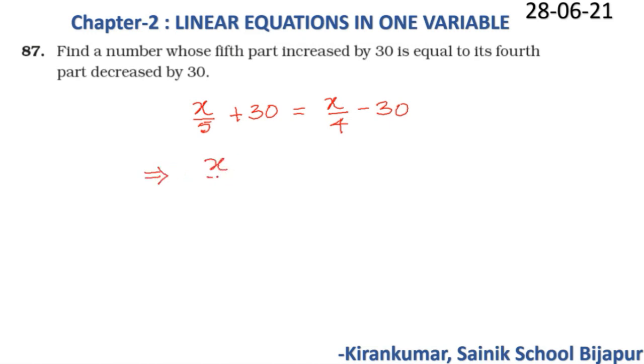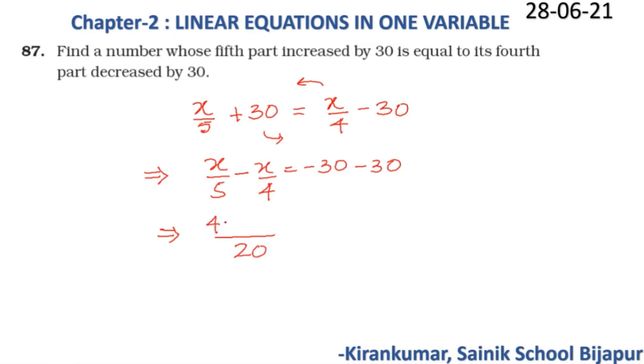So x by 5 minus x by 4 equals negative 30 minus 30. I have transposed x by 4 to the left hand side, positive 30 to the right hand side. To simplify, we require LCM, and the LCM is 20.